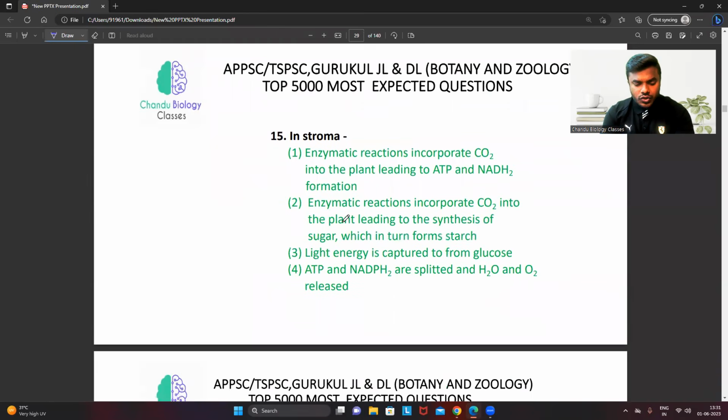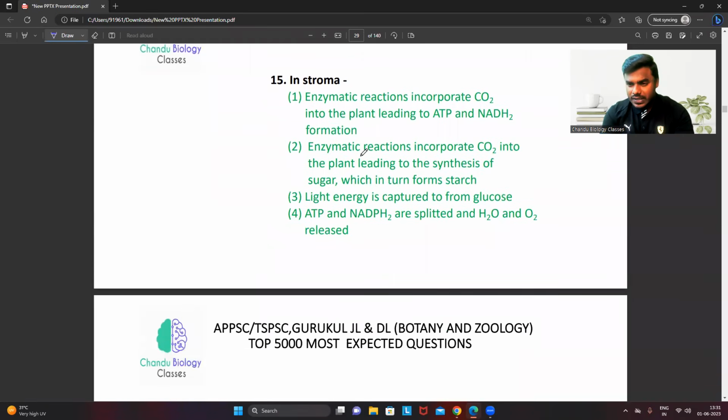Next one. In stroma, this is also very tricky, because statement related questions always make you confused, friends. In stroma, enzymatic reactions incorporate carbon dioxide into the plant, leading to ATP and NADPH formation. That is wrong, right? Friends, where ATP and NADPH are formed, we studied in the morning class only. ATP and NADPH are always formed on the thylakoid membrane. What happens in the stroma? Every student knows very well.